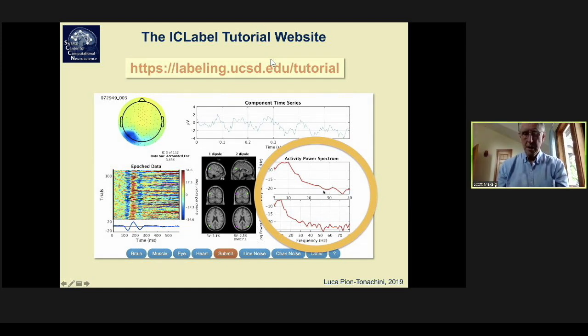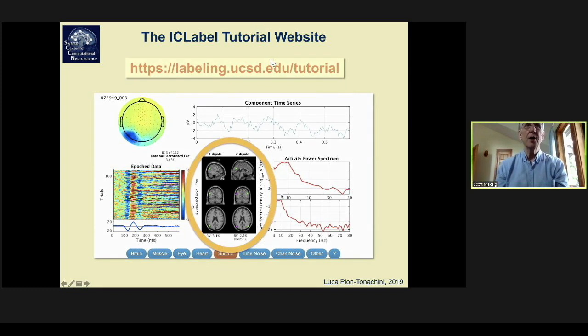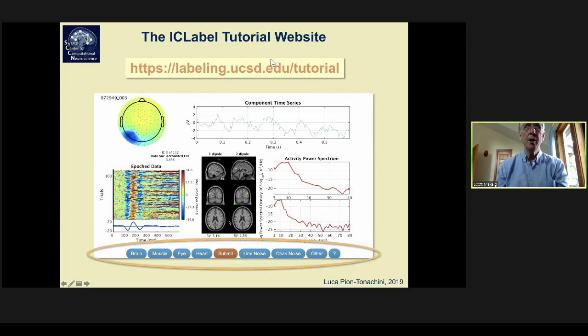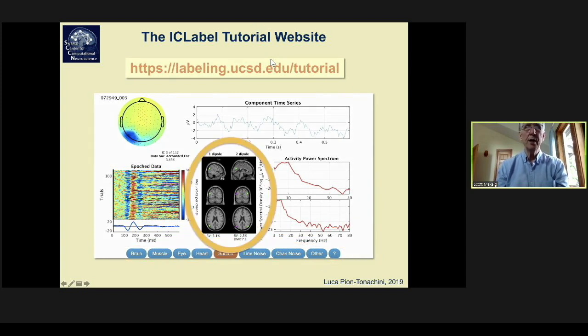Here is the equivalent dipole for this, and you see it properly located in left occipital cortex, I believe. That's still occipital there. Or if you solve to have two dipoles, then it's located mostly in the left, a little bit in the right. In fact, the ratio there is 7 to 1. So this is 7 times stronger than that.